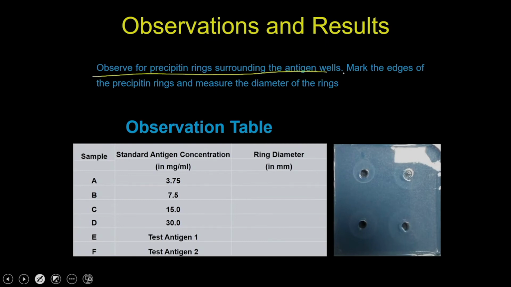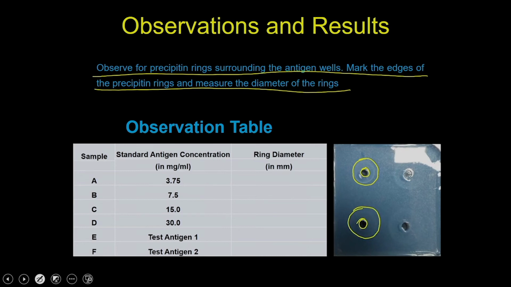Then you observe the precipitant ring around the antigen well, mark the edges of the precipitant ring and measure the diameter. For example, this is the well, and you are going to see a precipitant ring around it. Similarly, for another antigen, you will see a precipitant ring.